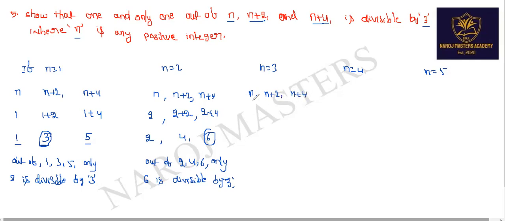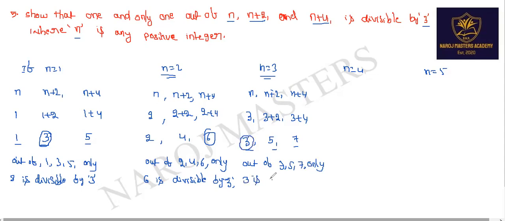The same procedure here also, n, n + 2, n + 4. Now substitute n = 3: 3, 3 + 2 = 5, 3 + 4 = 7. Out of 3, 5, 7, only 3 is divisible by 3.